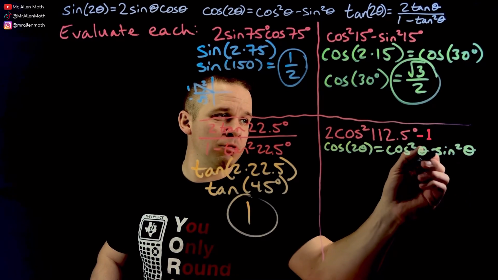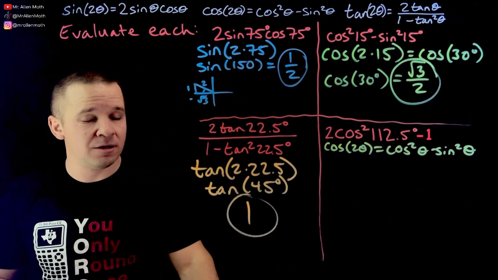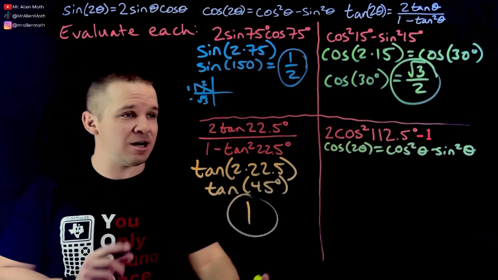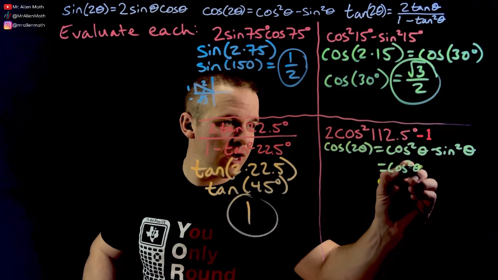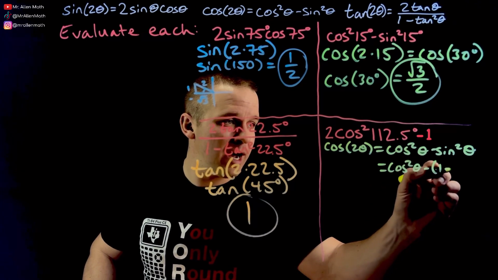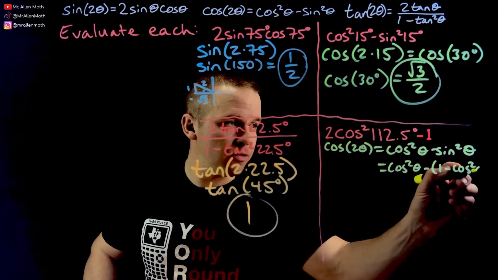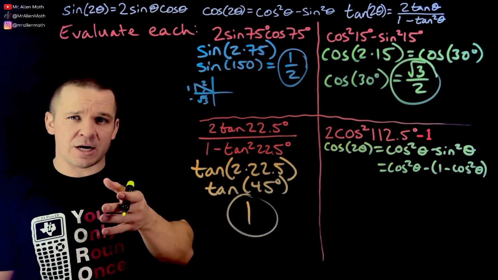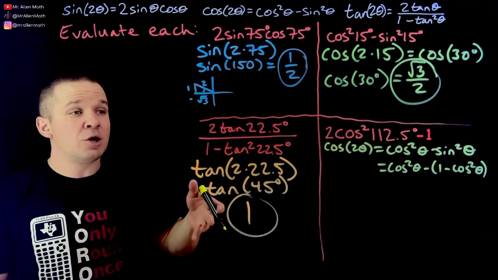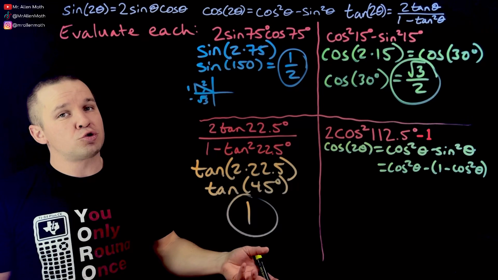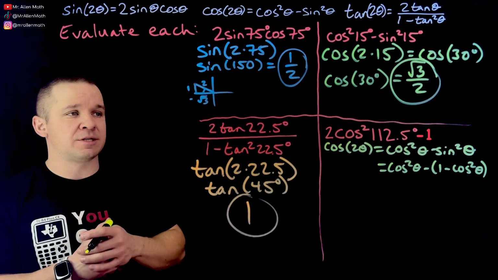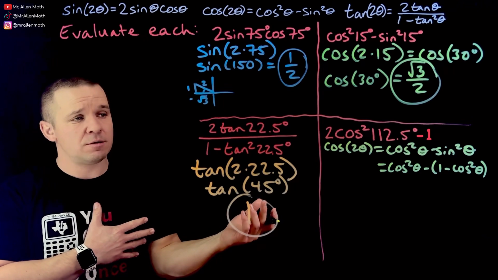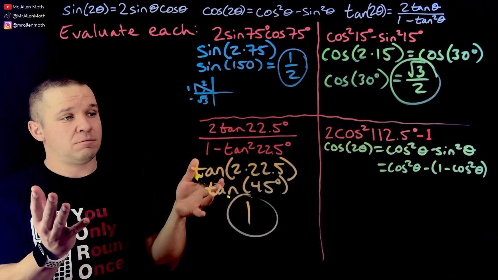And if I were to replace sine squared theta using a Pythagorean identity, it would be cosine squared theta minus, and then 1 minus cosine squared theta. Because I know cosine squared theta plus sine squared theta equals 1, right? So if I subtract cosine squared over, I'd get 1 minus cosine squared is equal to sine squared. So I can substitute that in and rewrite.